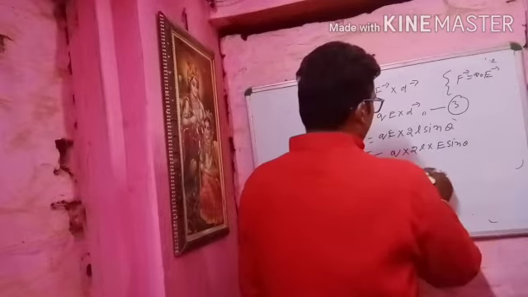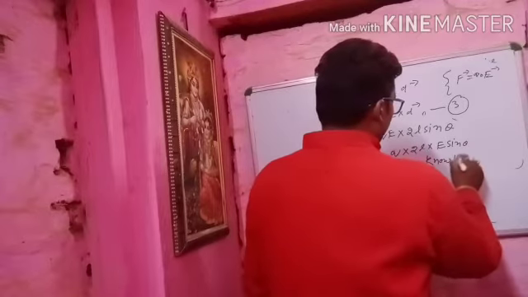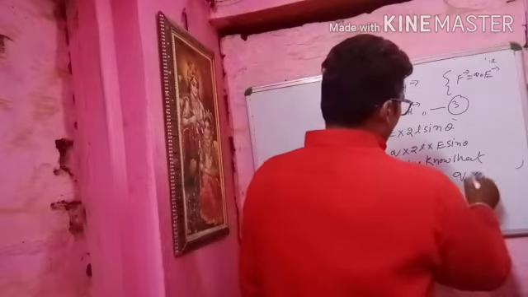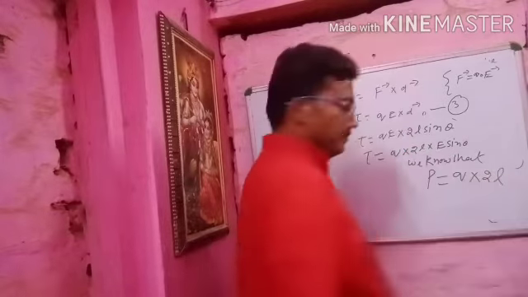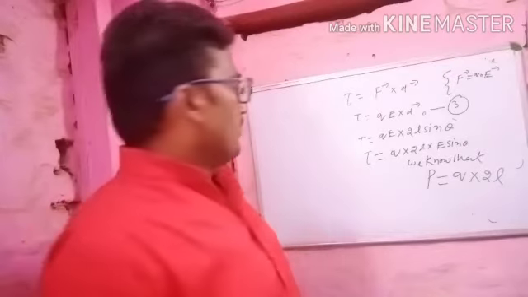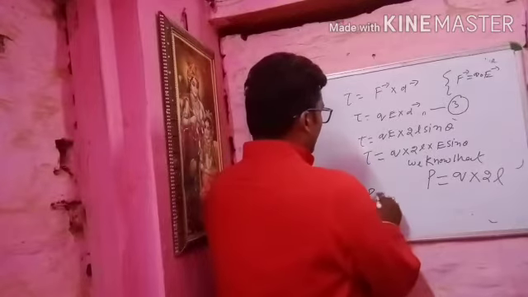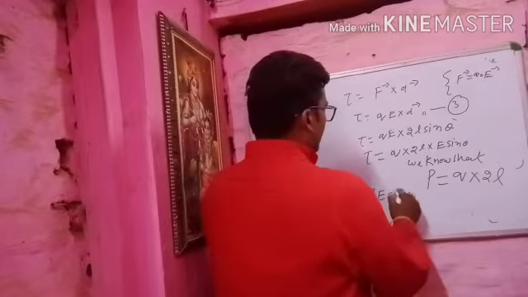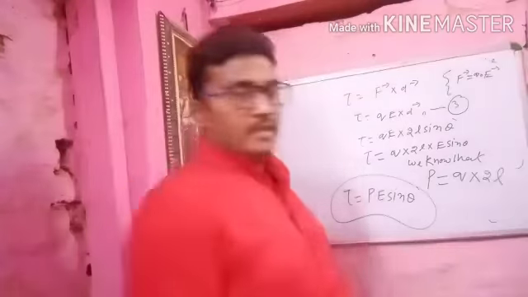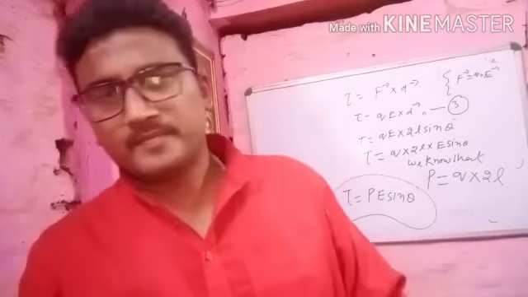We know that the electric dipole moment p is equal to q into 2L. Therefore, the value of torque is tau equal to pE sin theta. This is the standard torque relation.